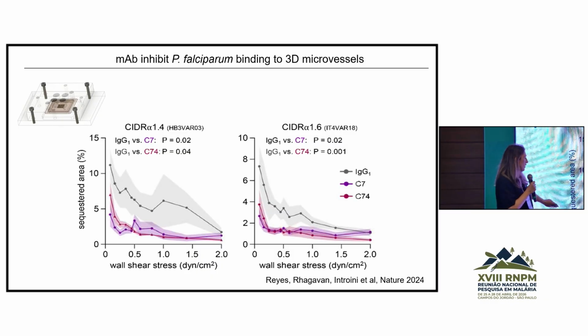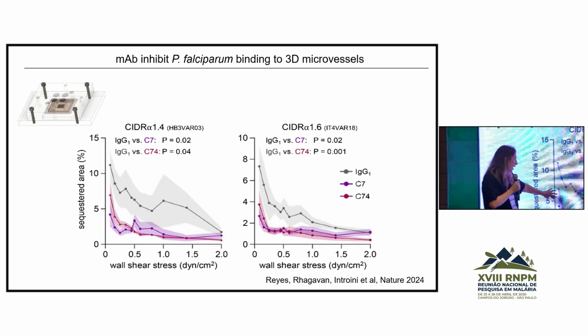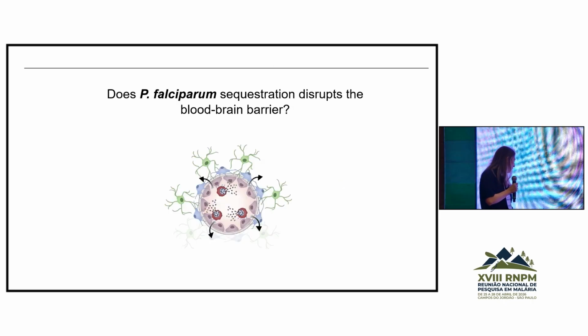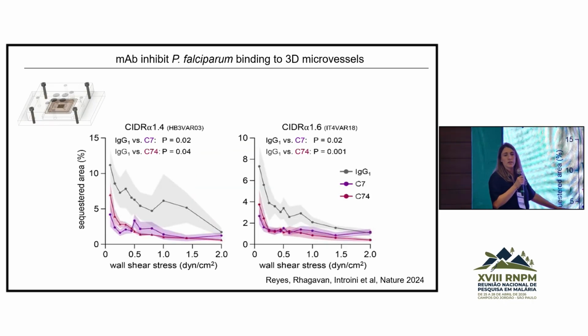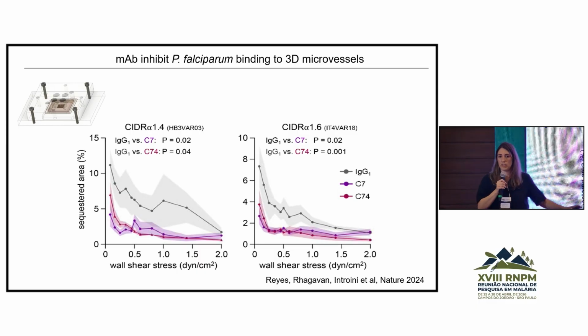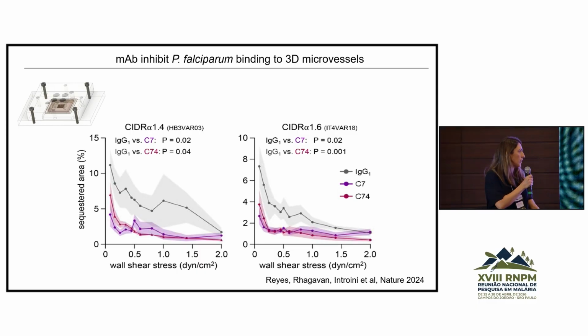And what we found is that this monoclonal antibody, let me go back, inhibits parasite binding at all shear stresses. We tested this with also different strains. This was very difficult to get because we cannot work with 3D7. 3D7 also does not bind in our system. So we had to really clone a new parasite line to test that these antibodies can really inhibit parasite binding.